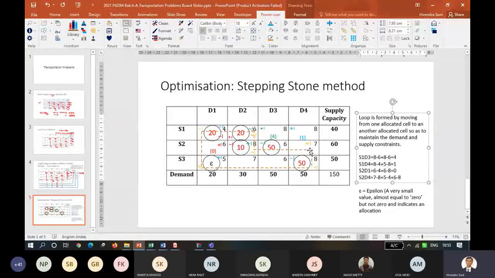So what is the net effect? Equals to 7 minus 8 is -1, -1 plus 5 is 4, 4 minus 4 is 0, plus 6 is 6, minus 8 is -2.